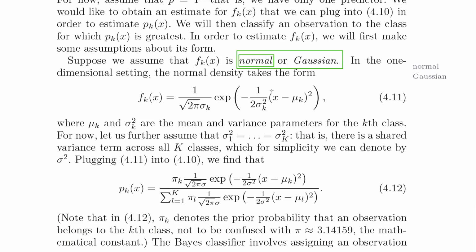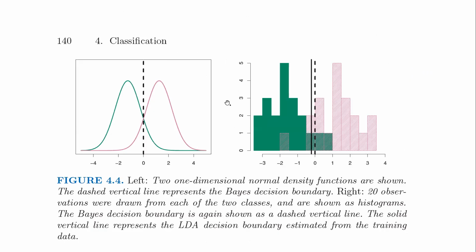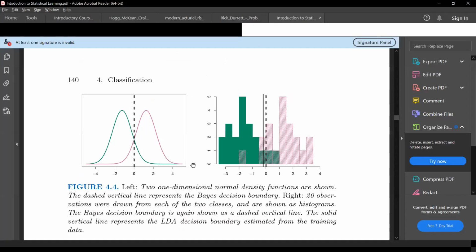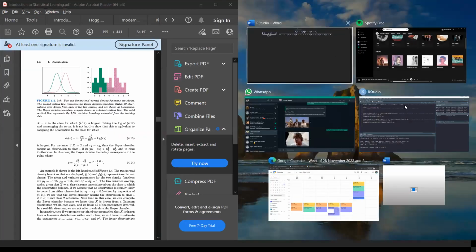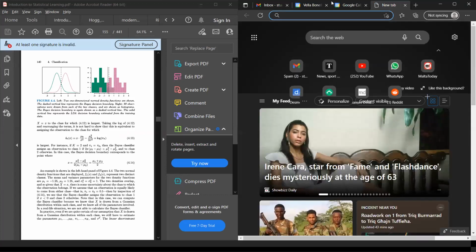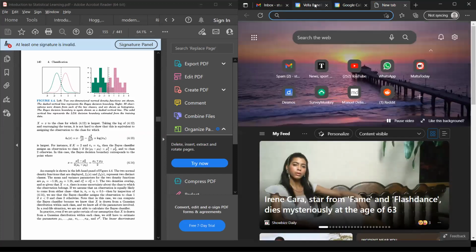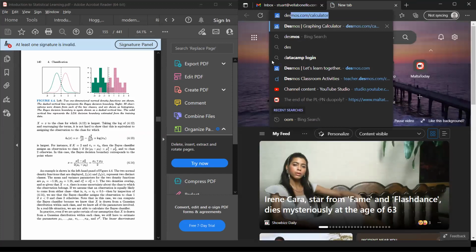Now, in the one-dimensional setting, the normal density takes this form. And I think it's time to type it into Desmos. So I'll share my screen and go into Desmos.